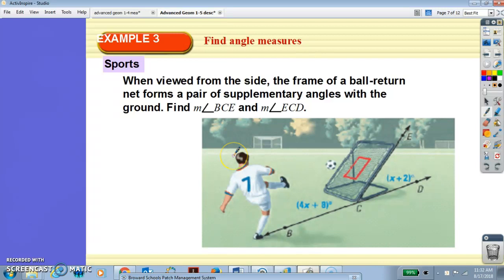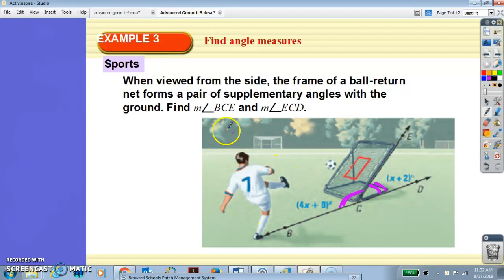When viewed from the side, the frame of a ball return net forms a pair of supplementary angles. So that means that this is a linear pair, right? They're 180 degrees. This is a straight angle. Find the measure of BCE. So they want to know the measure of this angle and this angle. In order to know that, I have to solve for those angles.